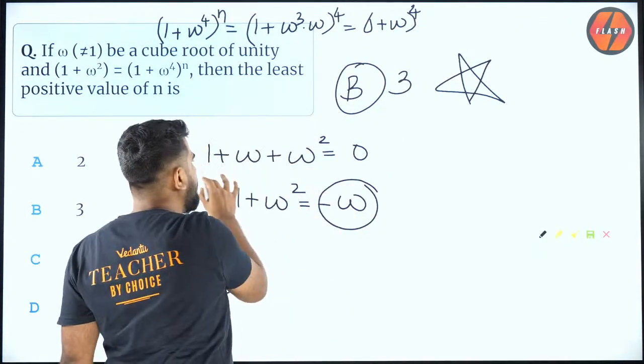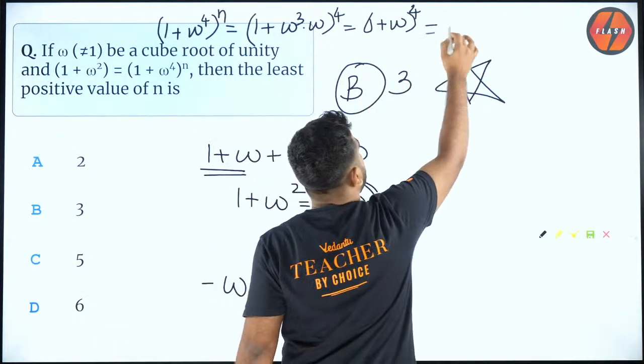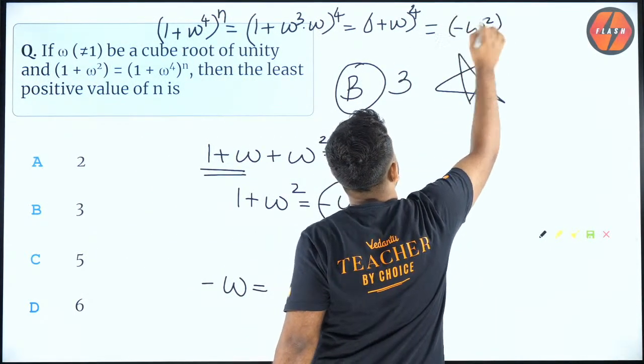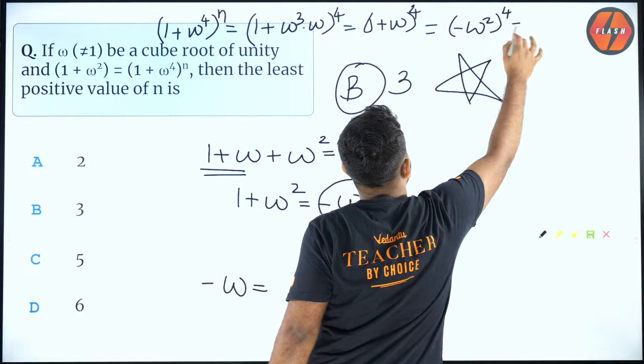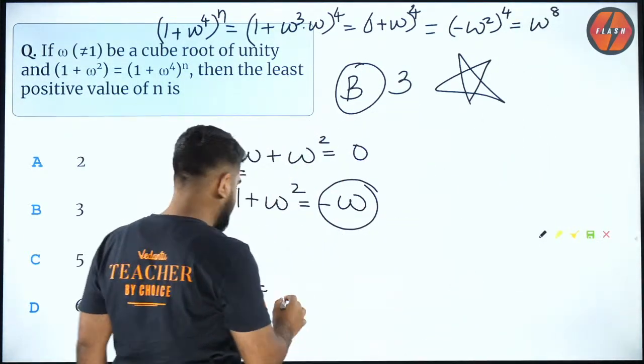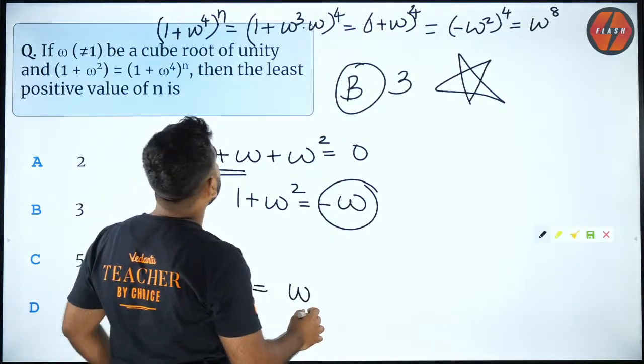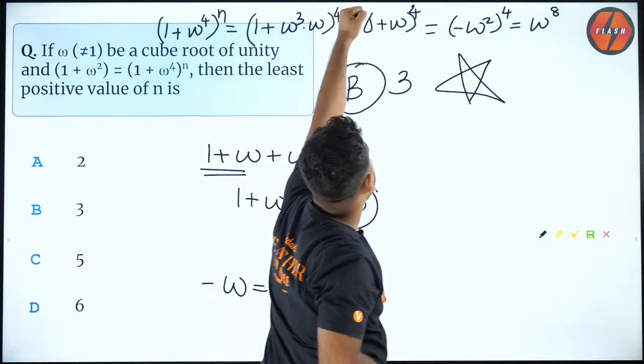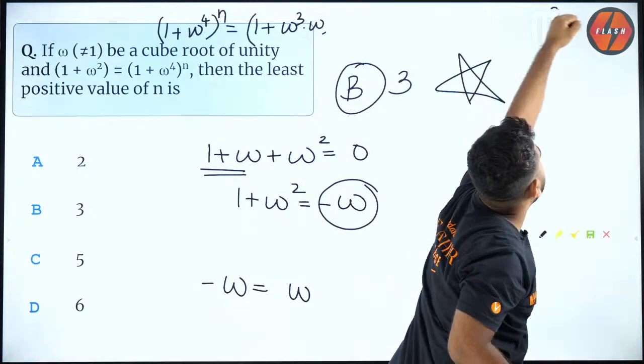What is 1 plus omega? 1 plus omega is minus omega square whole power n. So that will be equal to omega power 2n. What is omega power 2n? Power n, okay, not power 4, right? I think I wrote 4 by mistake. It should be n.